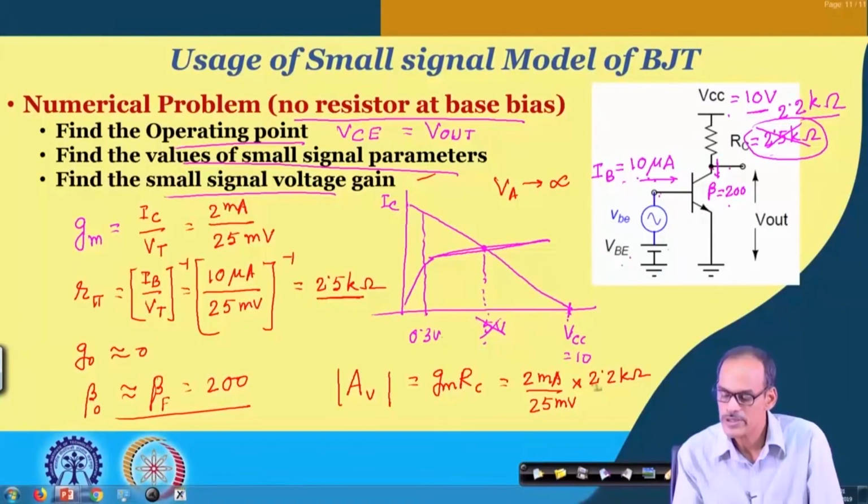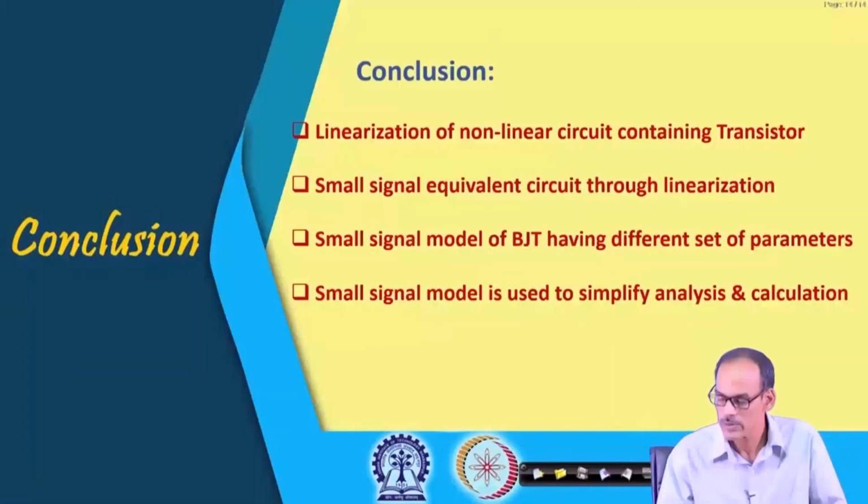So, this part it is 4.4 volt divided by 25 millivolt. So, that gives us 4.4 divided by 25 into 1000, right. So, whatever the value it is coming.